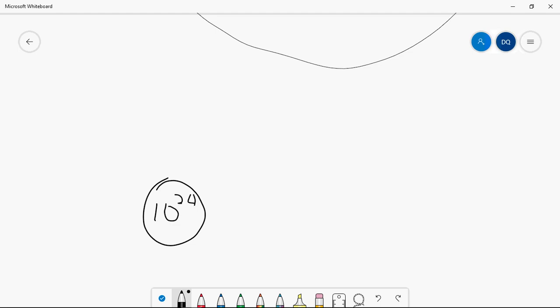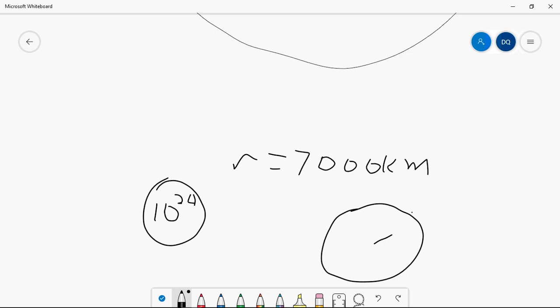And let's say it has a radius of 7,000 kilometers. So when you're on the surface of this planet, you are 7,000 kilometers from the center. The escape velocity question is asking, with what velocity must an object be thrown upward from the surface of this planet such that it can get infinitely far away?